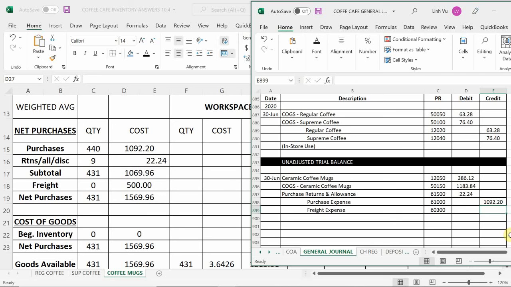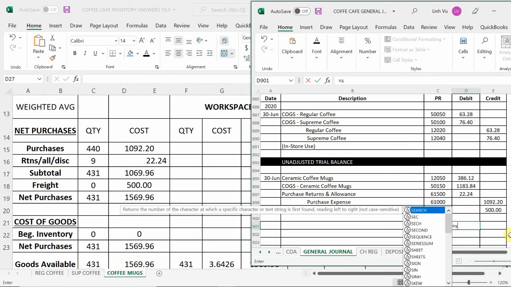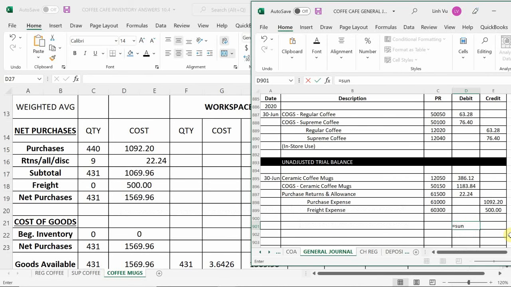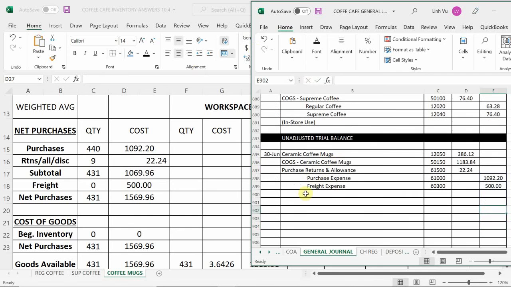And how much was your total freight? $500. Let's go ahead and double confirm this is true. So I got 1592.20 on the left, 1592.20 on the right. Good. And what's your note going to be here?